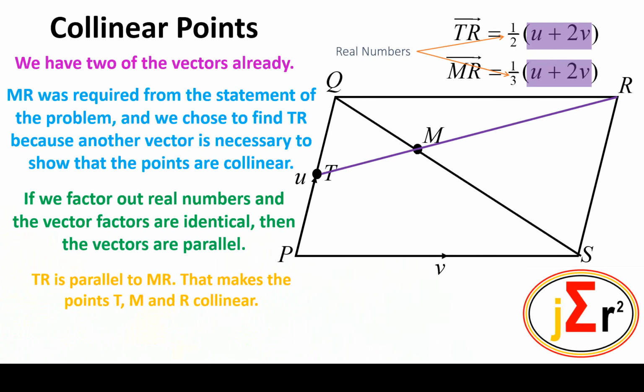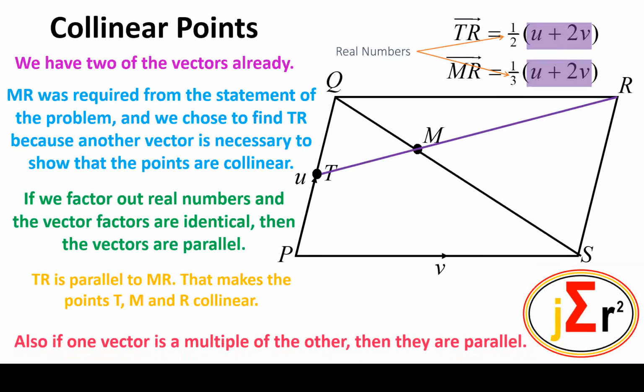How do we prove that points are collinear? Two vectors involving the 3 points are parallel. Then we are sure that those 3 points are collinear. Also, if one vector is a multiple of the other, then they are parallel.